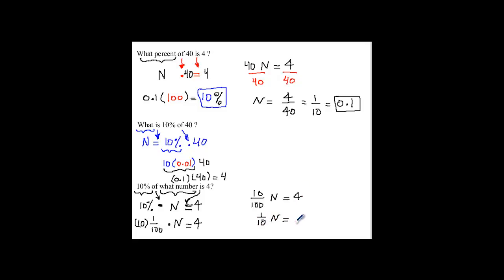How do you solve for n here, Richard? How do you isolate n? How do you eliminate 1 over 10?